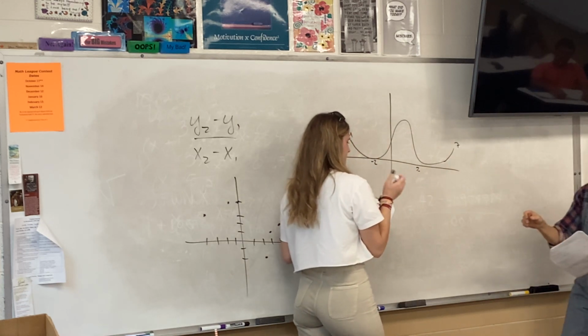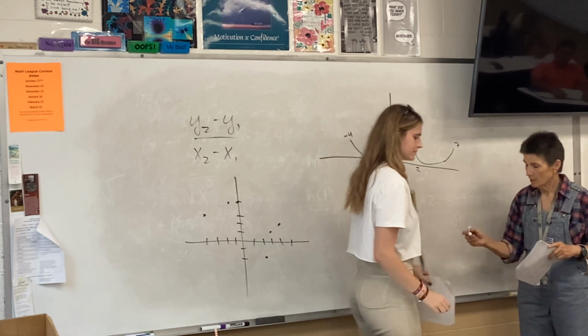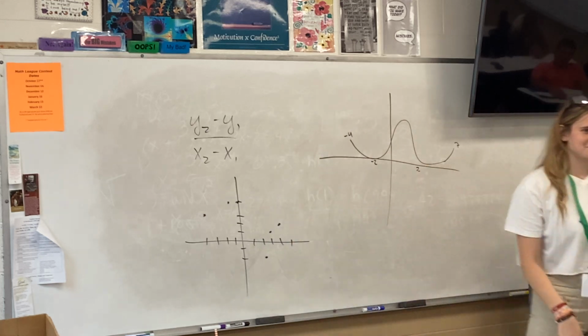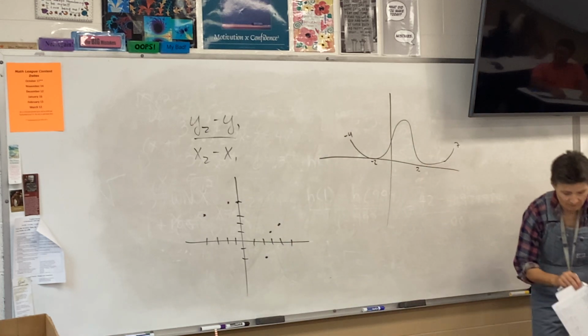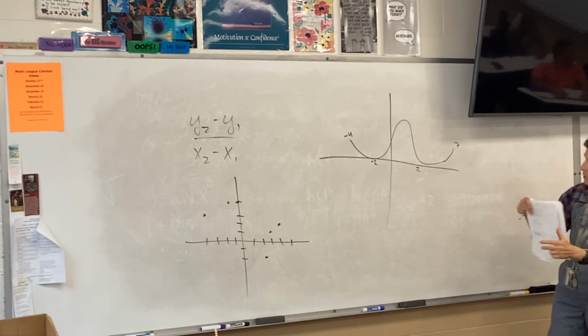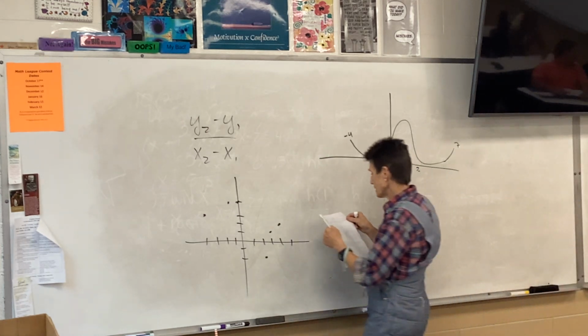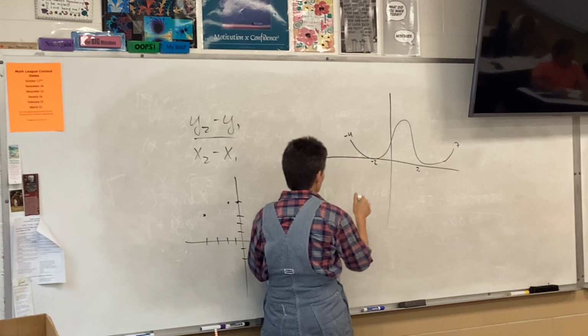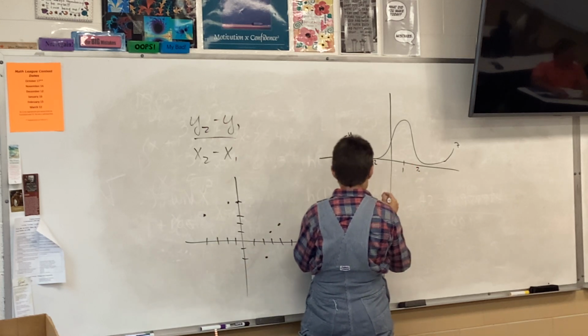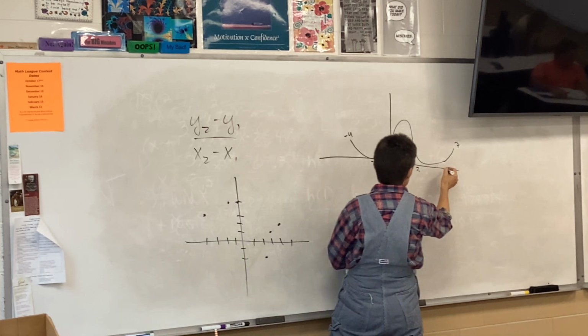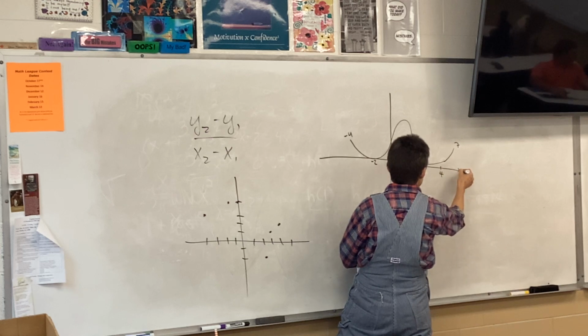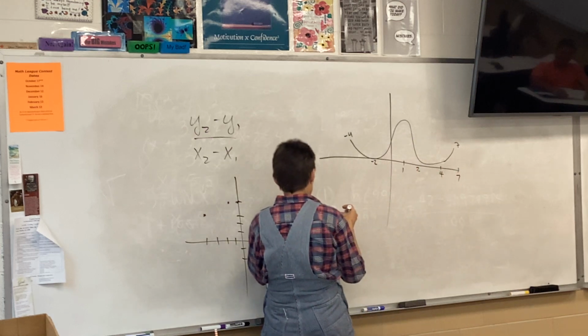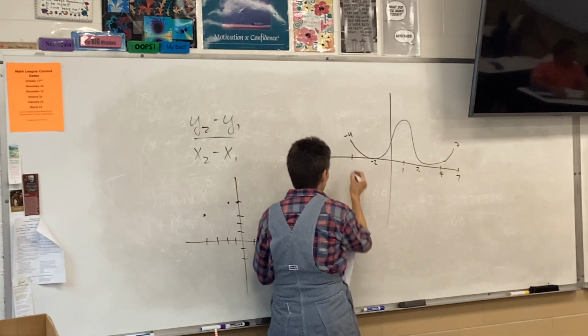So let's take a look at this and see if we can help her sort out what's going on. So it looks like our intervals, we got -2, we have 1, we have 4, we have 7, we have -4, okay.